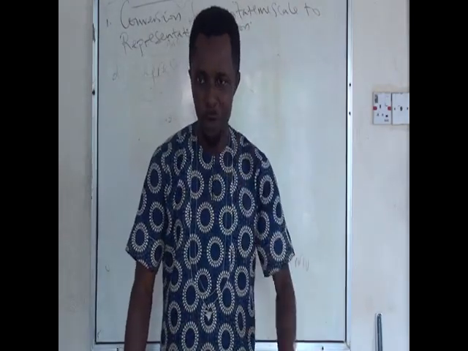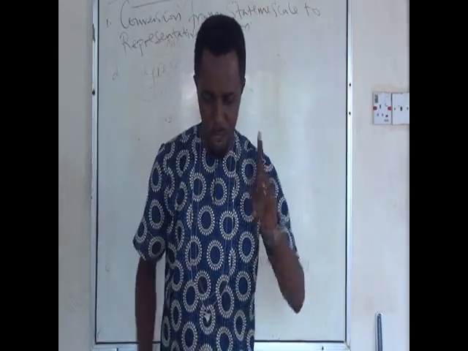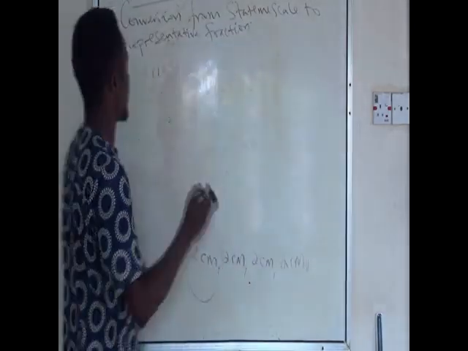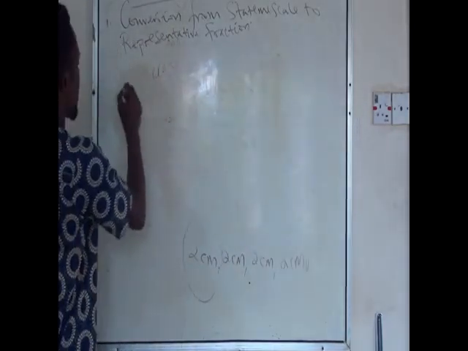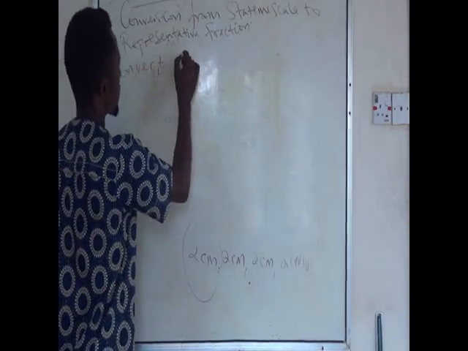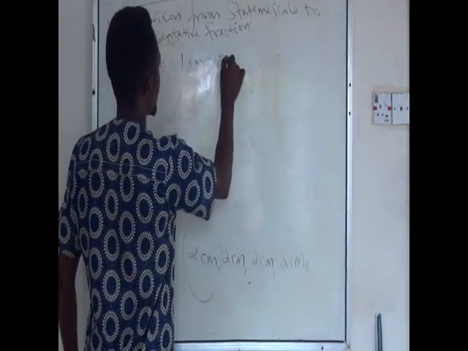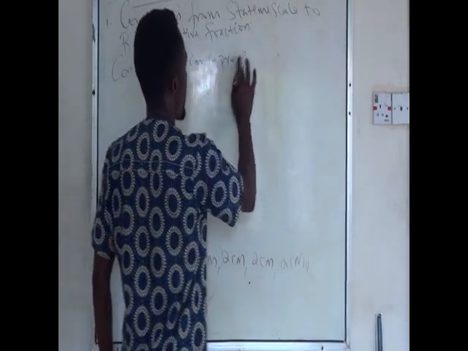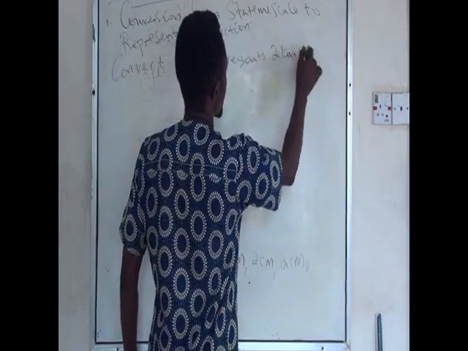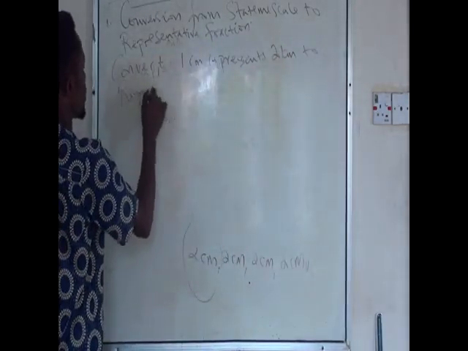The procedure for converting from statement scale to representative fraction is as follows. Number one, you write out the scale clearly. For instance, convert 1 cm represents 2 kilometers to representative fraction.